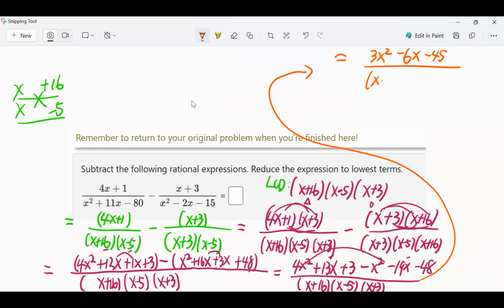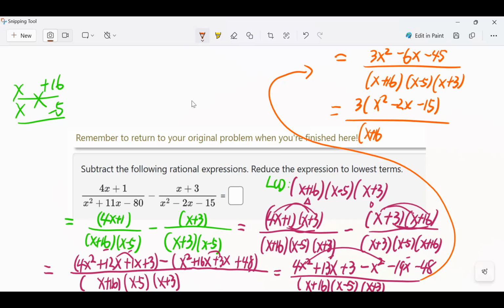And we don't usually stop here, right? We still get to factor a little bit more because the top is factorable. So first of all, factor by GCF 3: x squared minus 2x minus 15. On the bottom, carry over the whole thing.